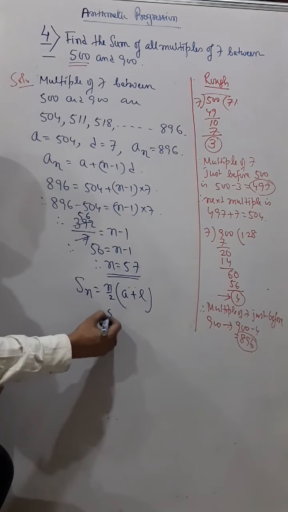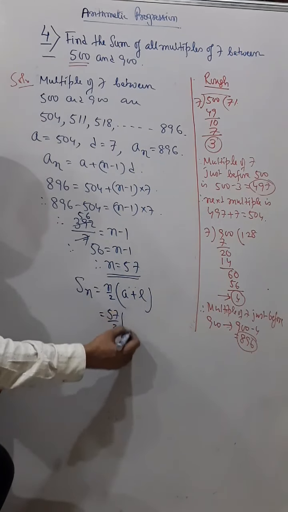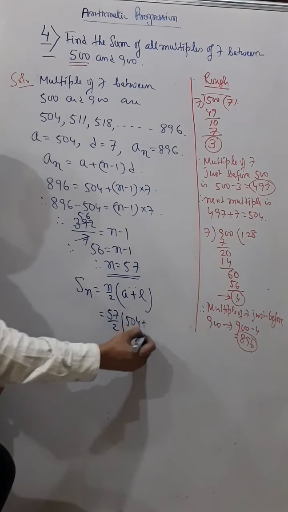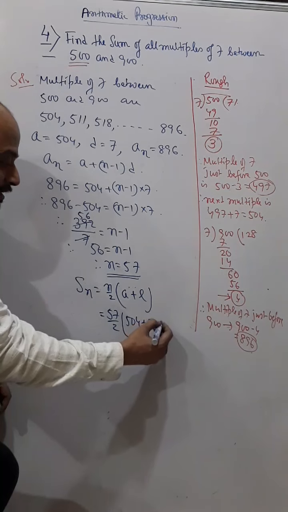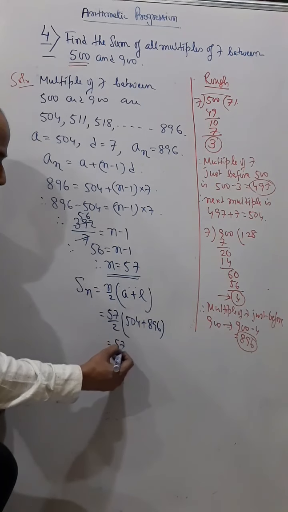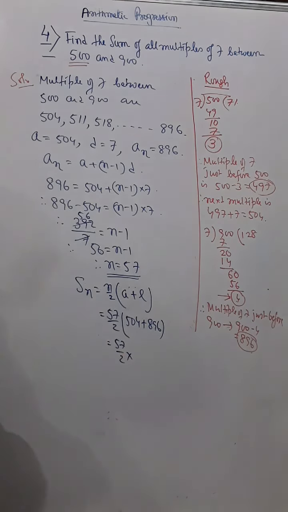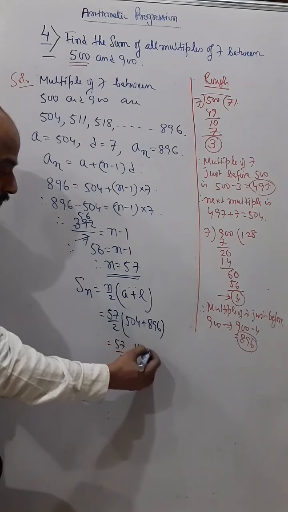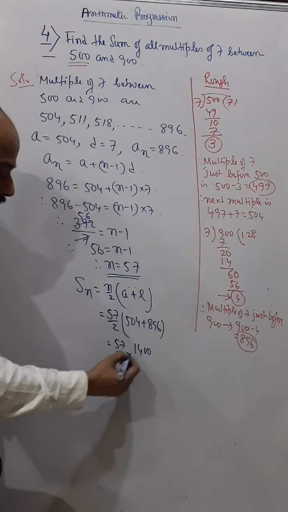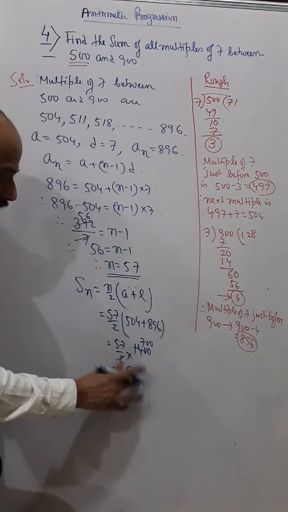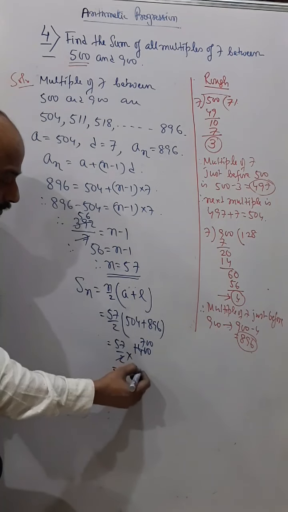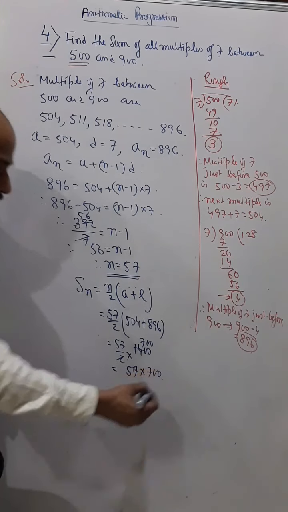So n is how much? 57 by 2, A is 504, and L is 896. So we will get 57 by 2, and then 504 plus 896 will get us 1400, and then we get 57 into 700.